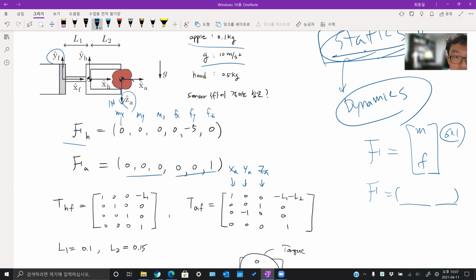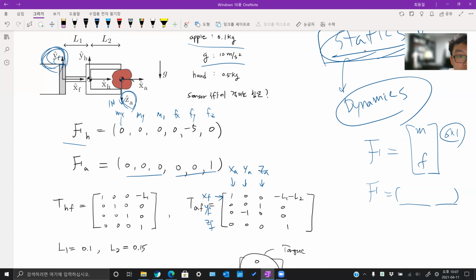So ZA equals the Y direction of the F frame. So it becomes 0, 1, 0, because this one means XF, YF, ZF. Because it is equal to the Fy, it becomes 0, 1, 0.